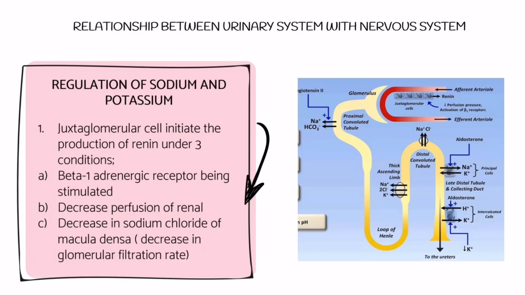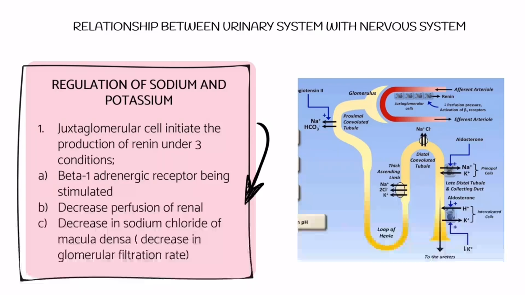So, why are juxtaglomerular cells very important in the renal physiological process of regulating potassium and sodium ions? The answer is because these juxtaglomerular cells secrete the primary hormone that will initiate the RAS system, the renin, angiotensin, aldosterone system.